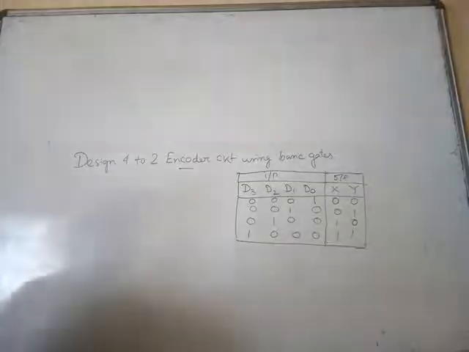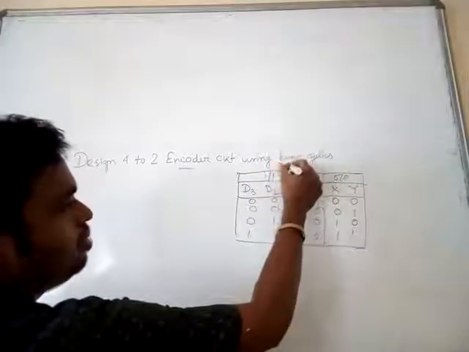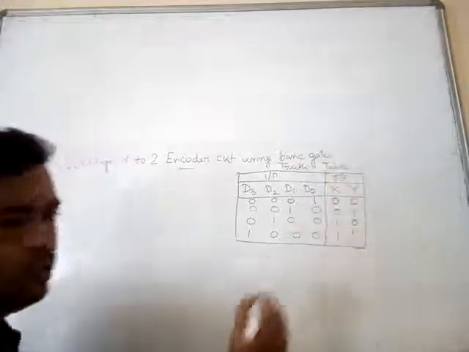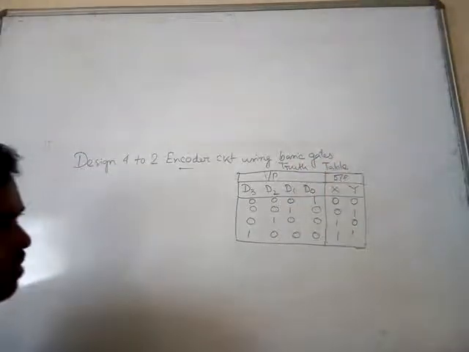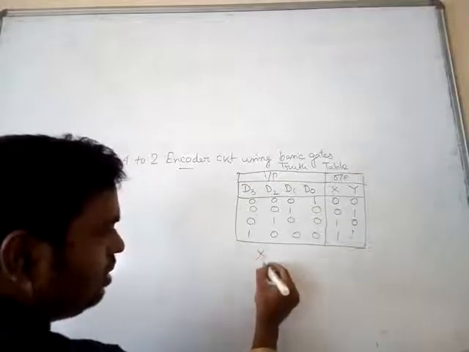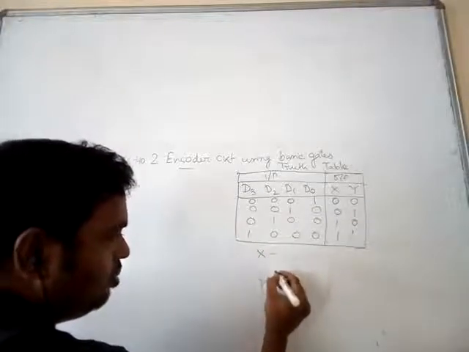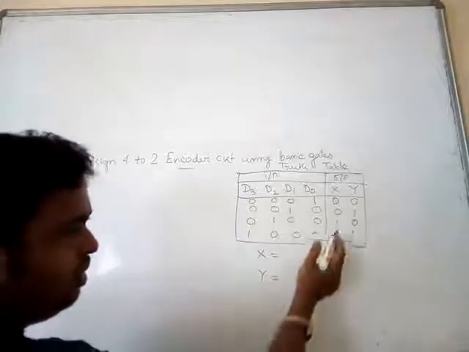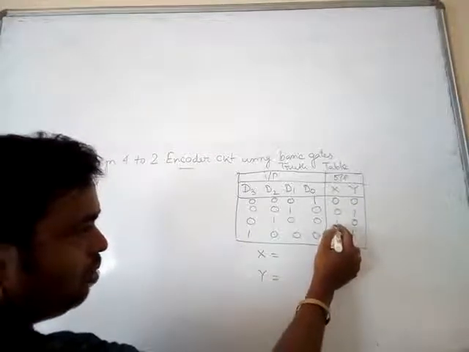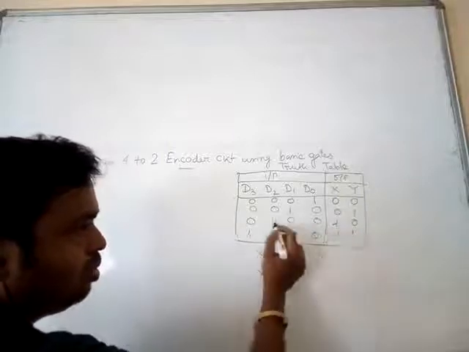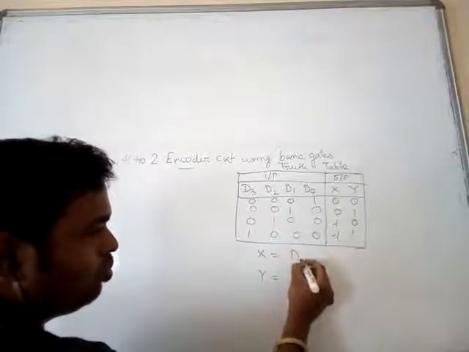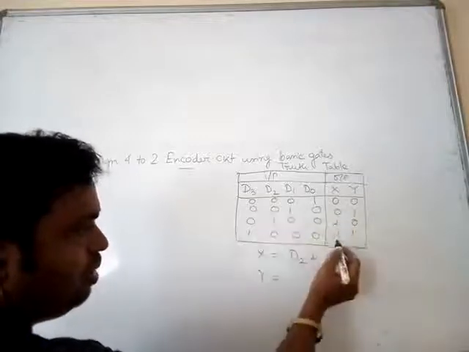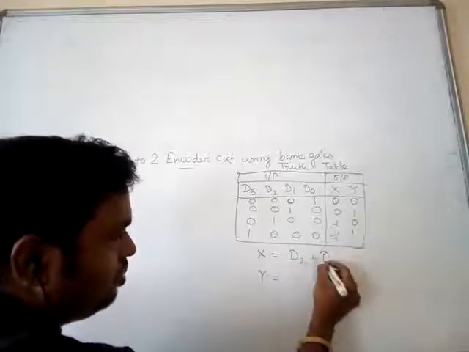So from the truth table, we get the expressions for X and Y. For X, we see both are high, so it is D2 plus, for this case D2 high and for this case D3.